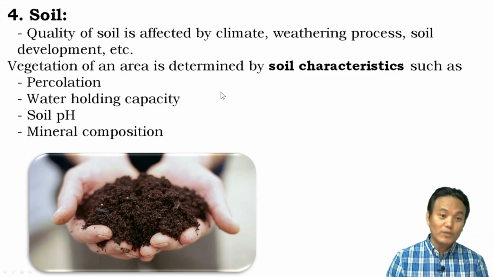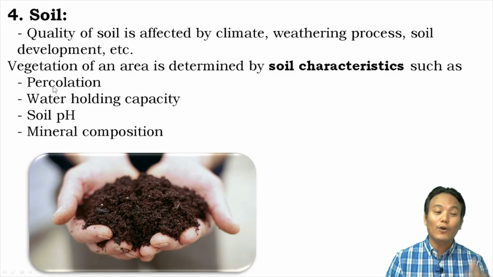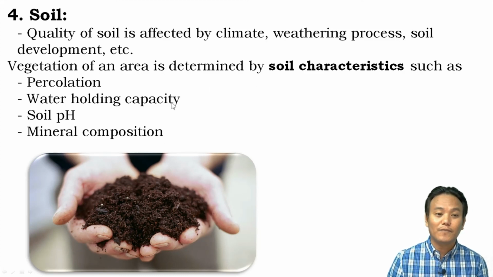Whereas loamy soil and clayey soil have low percolation rate and high water holding capacity, therefore they can support good vegetation growth. So the vegetation of an area is determined by the soil characteristics, and apart from that, the soil pH and the mineral composition will also affect the growth of vegetation in that area. So that is about soil, which is an important abiotic factor.